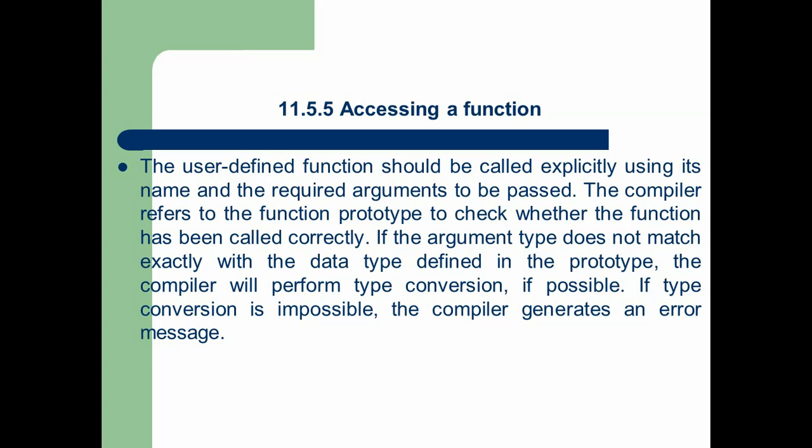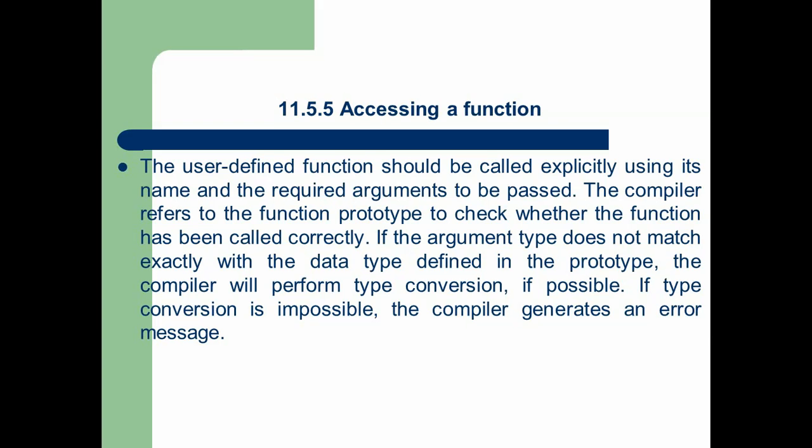For example, if any spelling mistake is made when calling a function, the compiler will return an error. In the same way, if an argument is compulsory, the user should pass the required number of arguments to access the function.